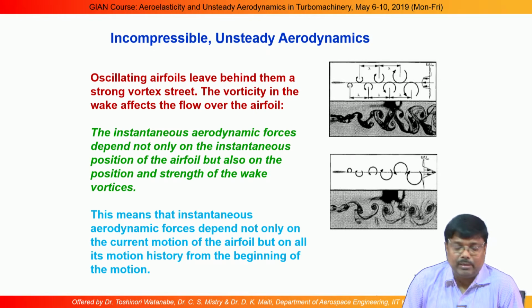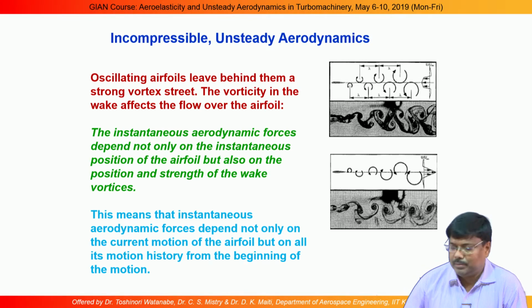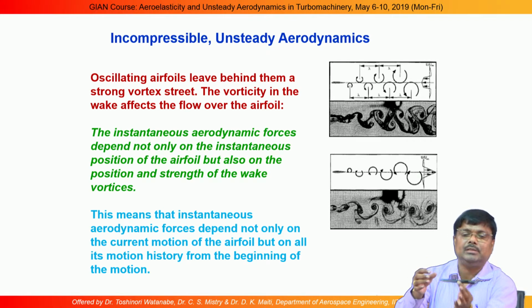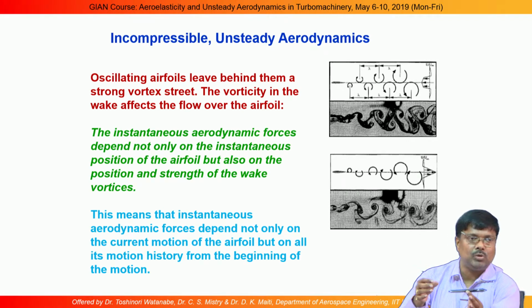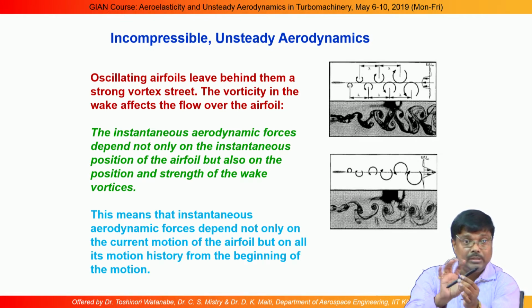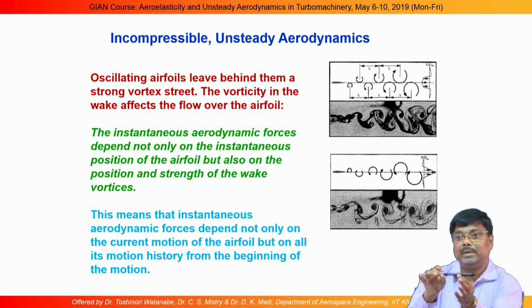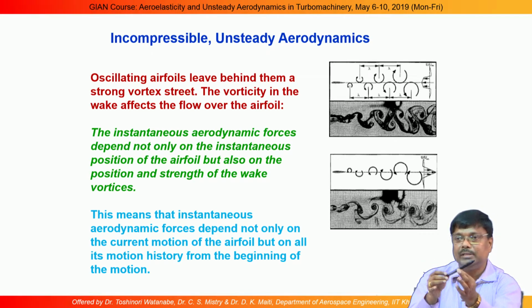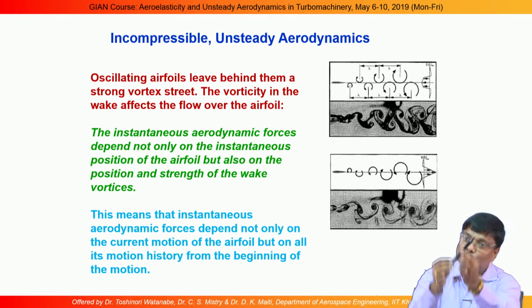So, for incompressible unsteady aerodynamic load, suppose this is an aerofoil section and it is vibrating in this mode and also in this mode. These two modes are combined. When it is vibrating, we cannot say it is vibrating only in this mode or only in that mode; both modes will be there.